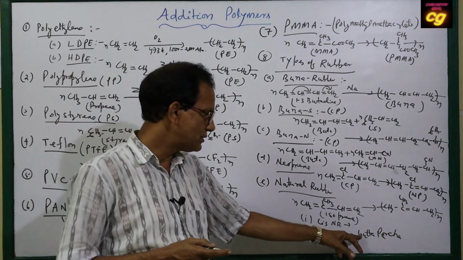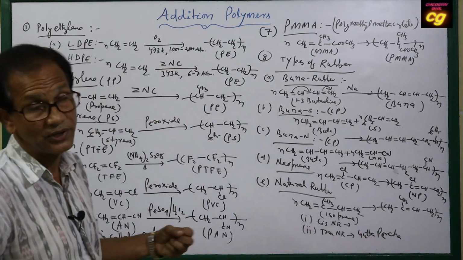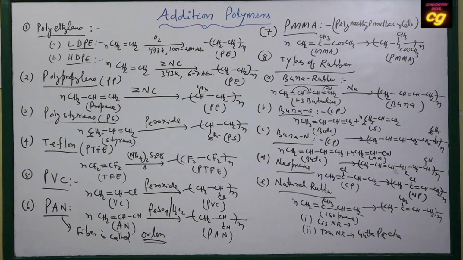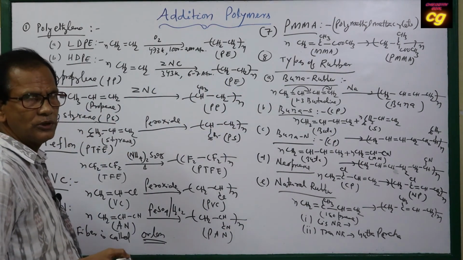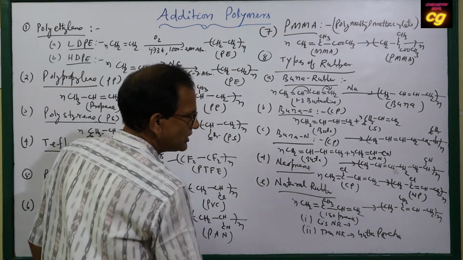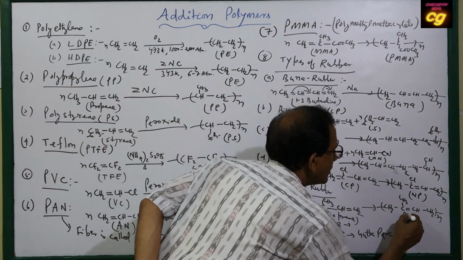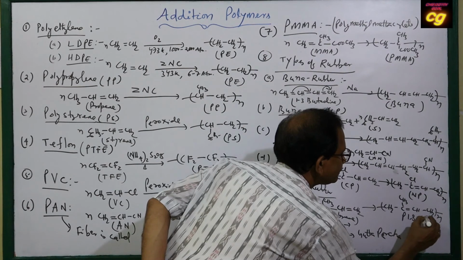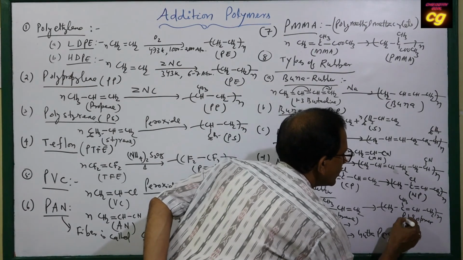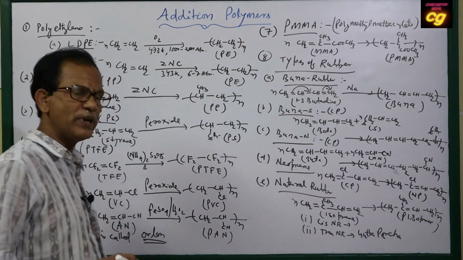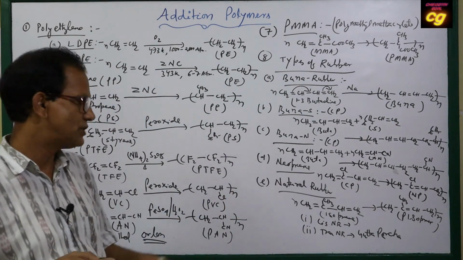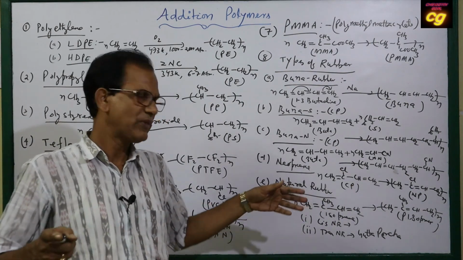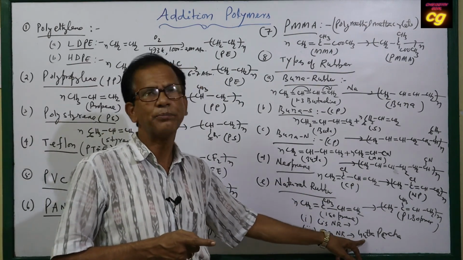This gutta percha rubber is very hard, with a brittle nature. In this polyisoprene trans form, the methyl groups are positioned opposite in the chain, which indicates this is gutta percha.